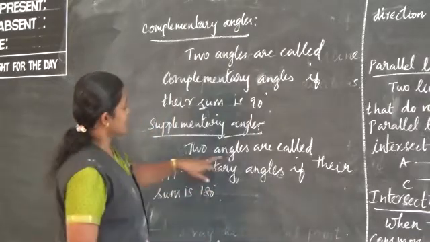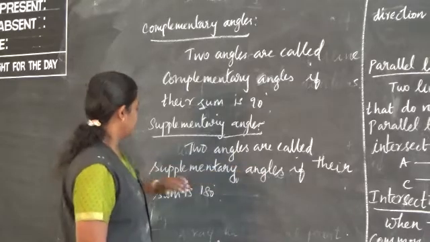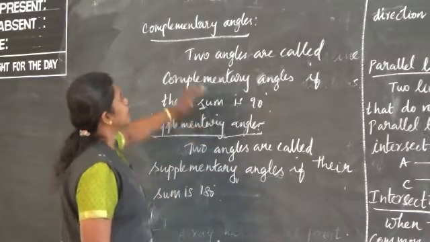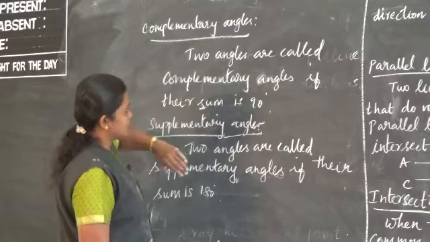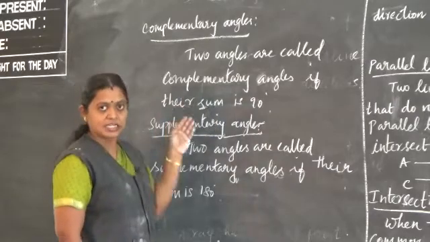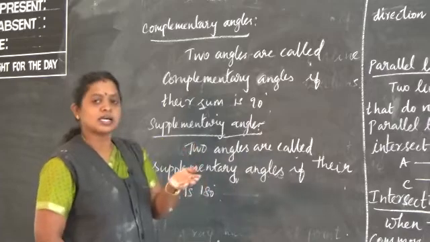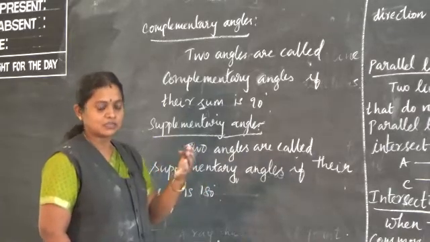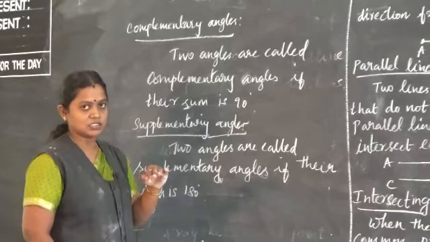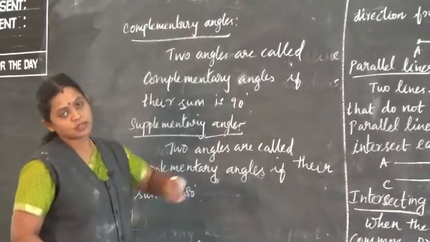If two angles are supplementary angles, their sum is 180 degree. If two angles are complementary, their sum is definitely 90 degree. Just note this down. I will tell what transversal lines and vertically opposite angles are also. You will take time to note down.